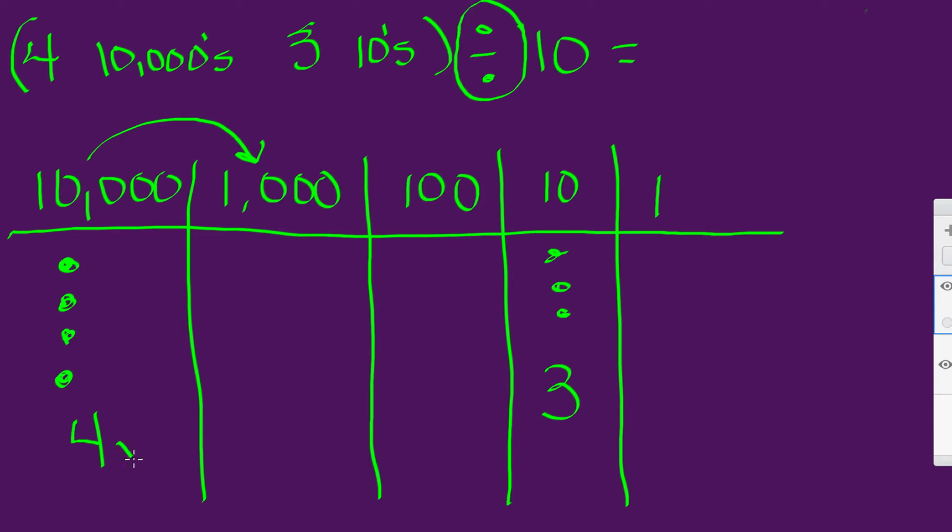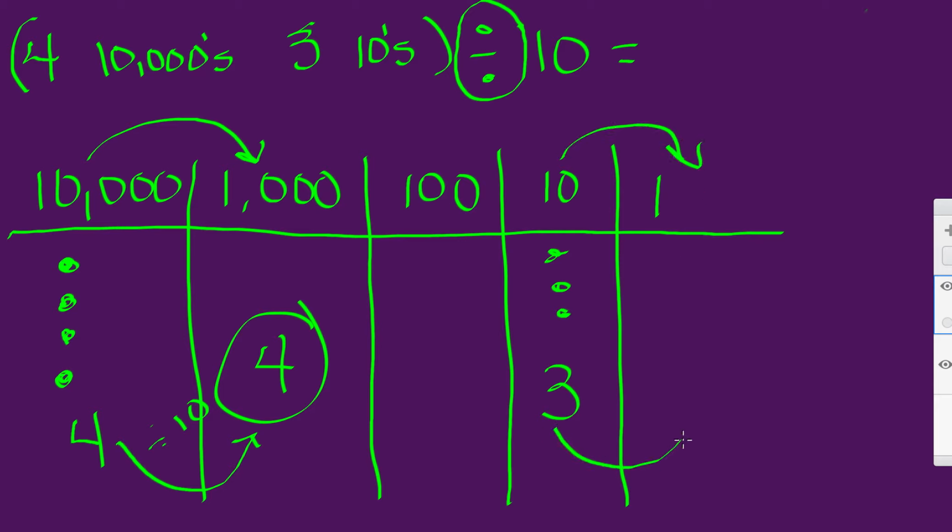So 40,000 divided by 10 is going to give you 4,000, okay? And then the tens are going to move down to ones. So these are 3 tens, which is 30, divided by 10. Now it's just 3 instead of 30.